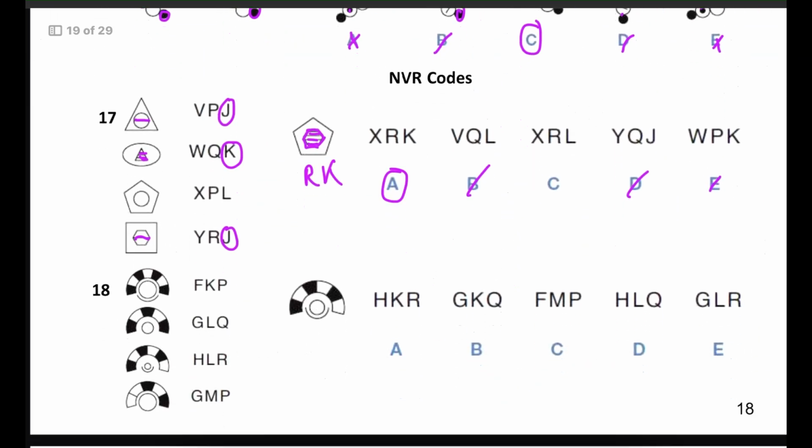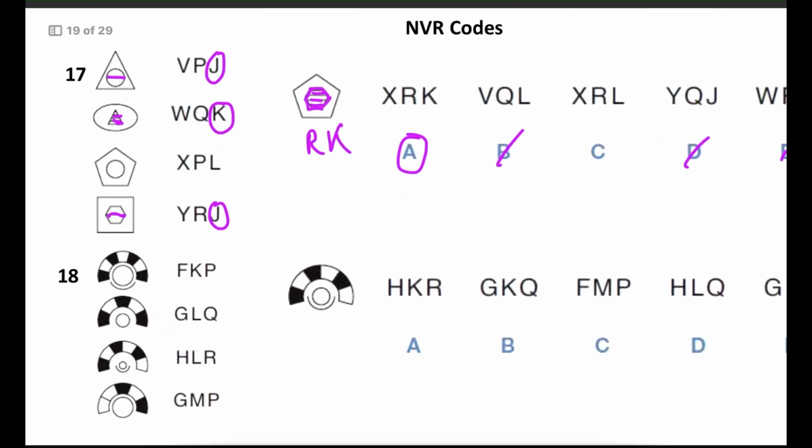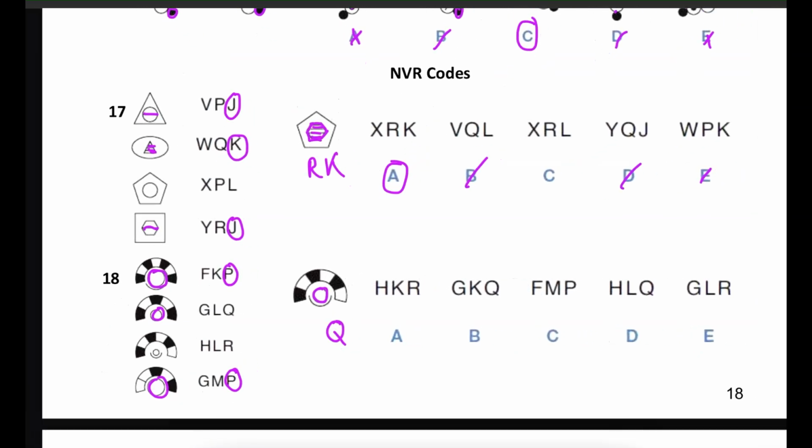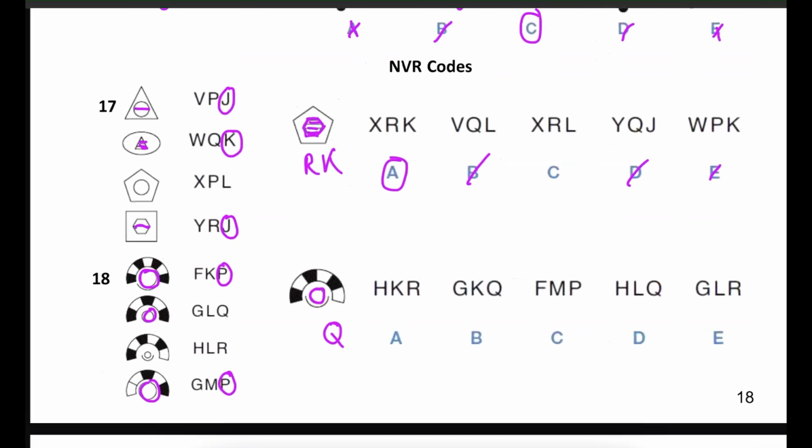Next code, question 18. So we've got a P here and a P here. What do they both have in common? The circles are the same size. So the last letter determines the size of the circle. So this circle is the same size as this one. It must be Q, the end here, as the last letter.